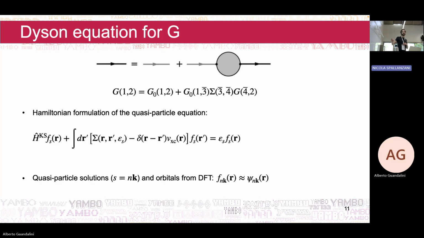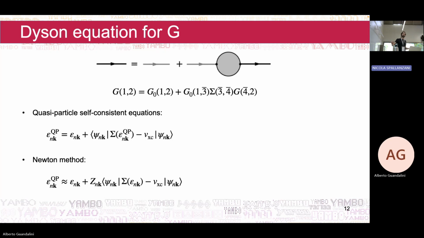But this is used mainly because of numerical convenience, because otherwise you need to diagonalize this equation with the self-energy, and actually the shape of your orbitals is most of the time not your main goal. Your main goal is the band structure. Then with this approximation here, you move from the need to diagonalize a nonlinear eigenvalue problem to just evaluating the energies correctly. This is a really huge gain.